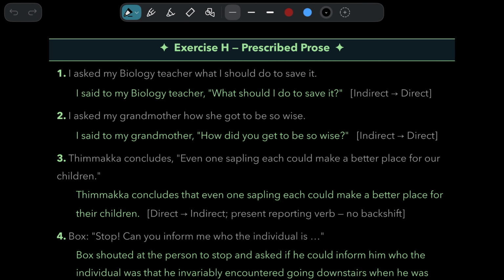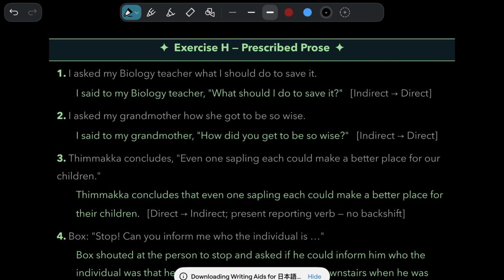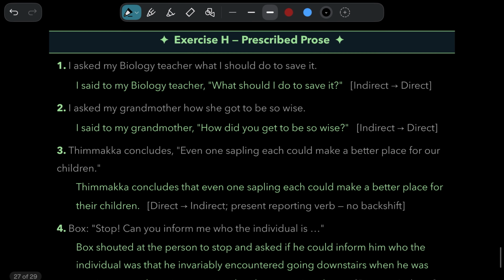Here some line is missing, some expression. So a small addition, something needs to be added here.